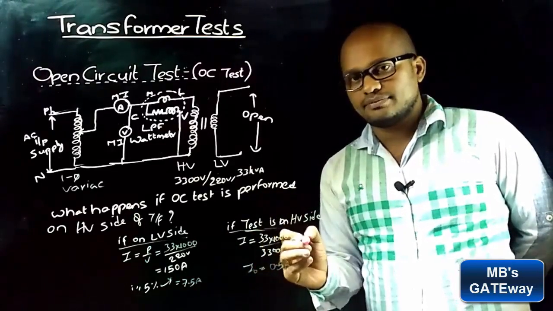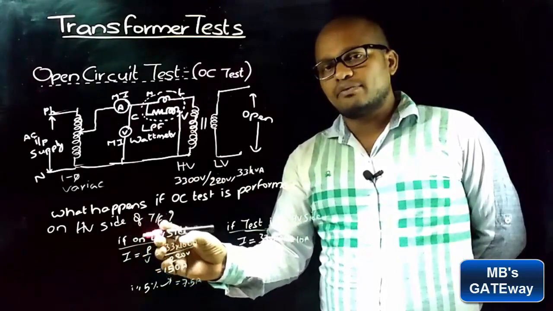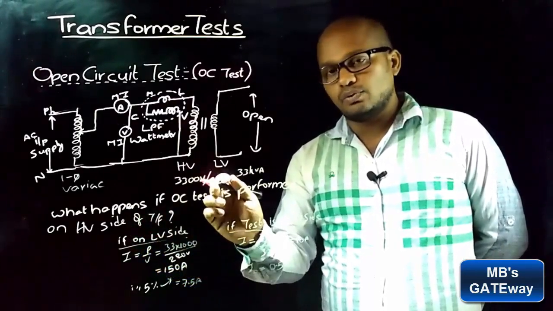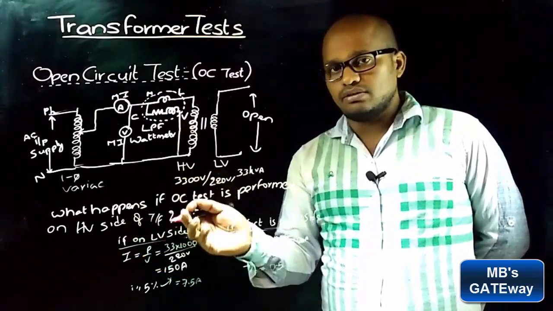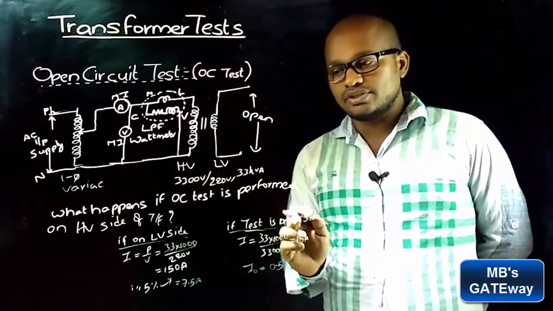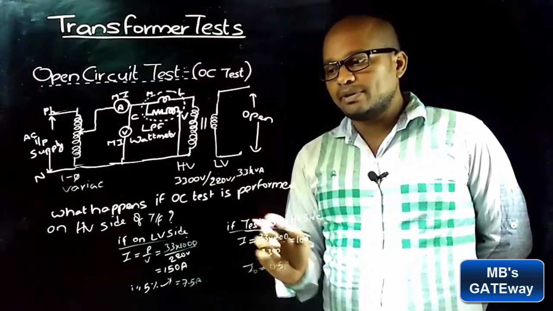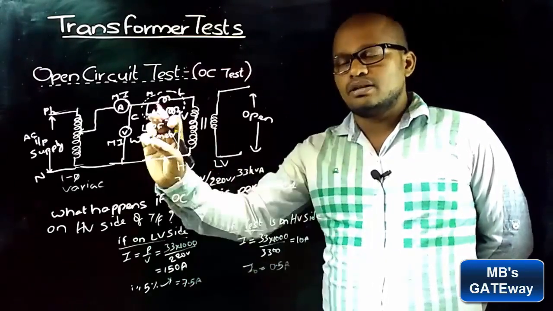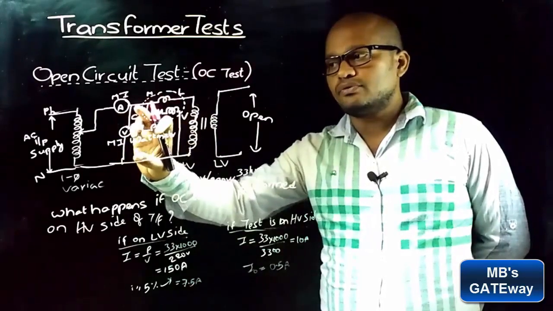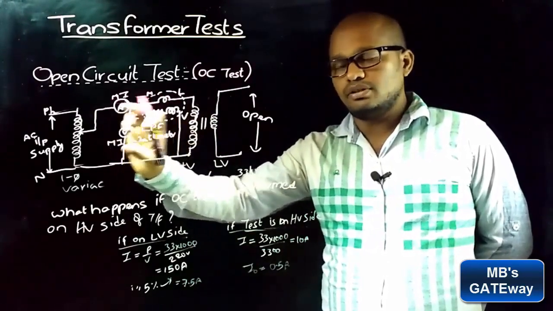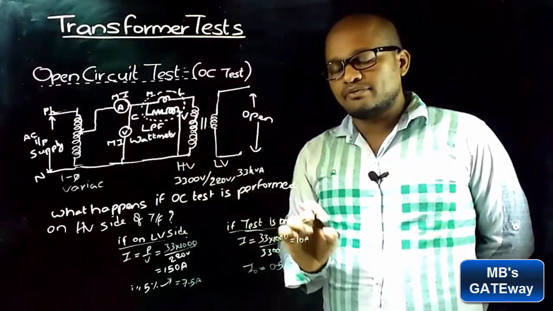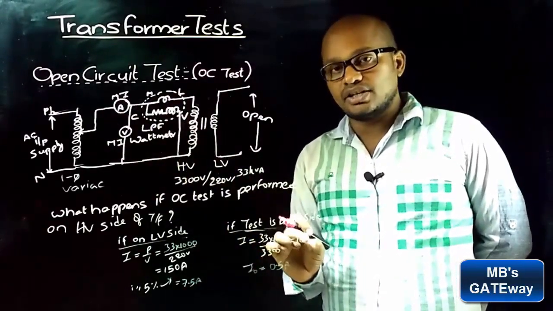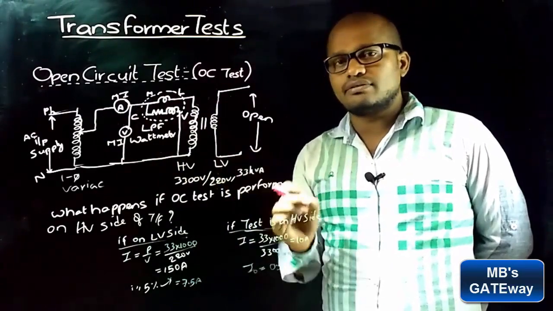Which gives you 0.5 amperes. And here if the test is performed on the LV side, the voltage to be applied is 220 volts, which is readily available. Whereas if the test is performed on the HV side, the rated voltage to be applied is 3300 volts, which is not readily available. And in this circuit we are making use of a voltmeter to measure the input voltage. So if the test is performed on the HV side, we need a voltmeter of range 3300 volts, which is not readily available.